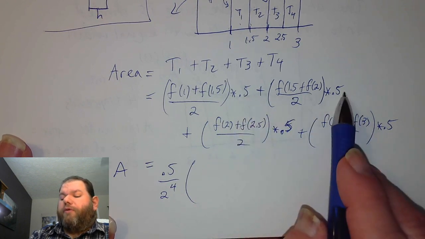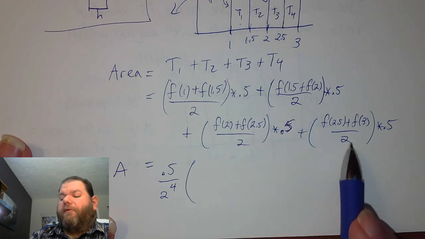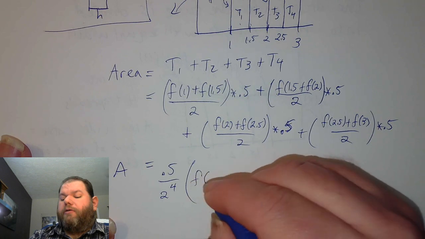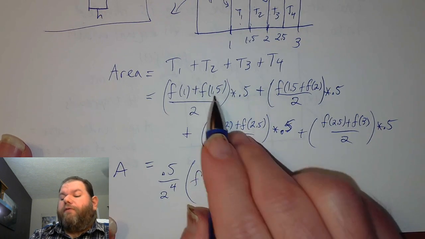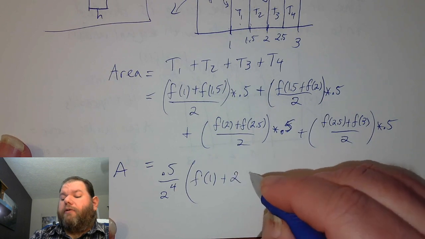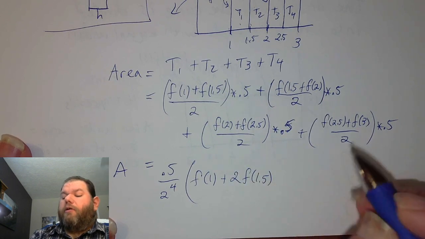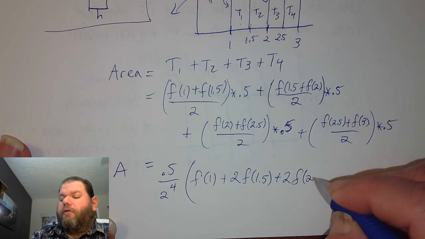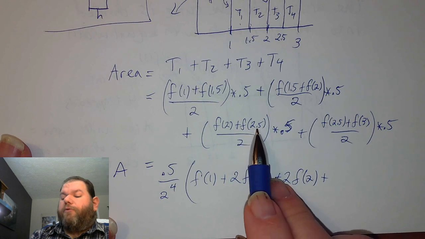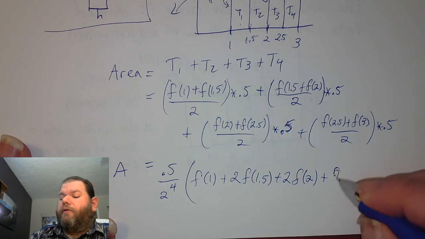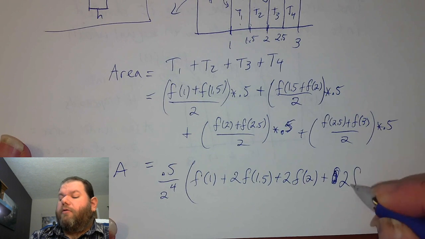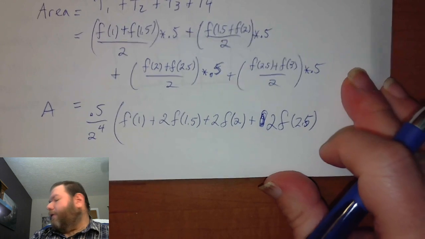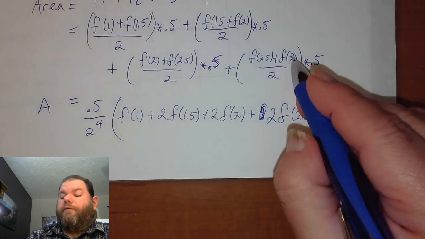So basically we took out the 0.5 from everything, we took out the 2 on the bottom for everything, so all we have left inside are the function values. So we have f of 1, f of 1.5 is used twice, f of 2 is used twice, f of 2.5 is used twice, and f of 3 is used once.